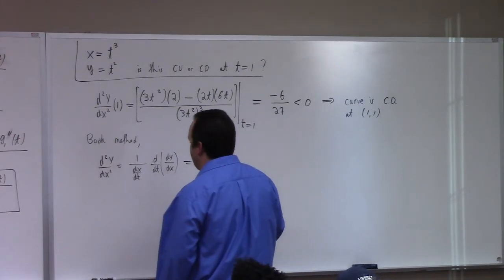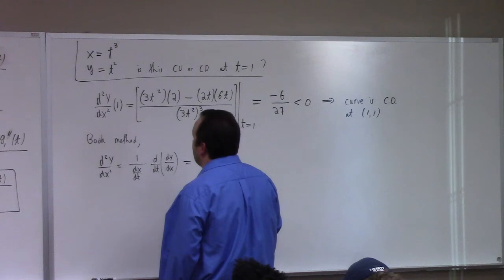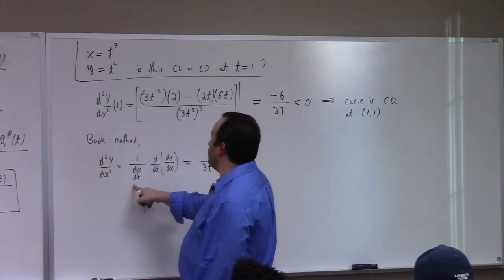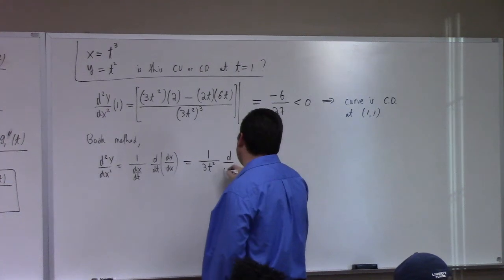This is probably a better way. I haven't thought a lot about these things, so I don't have a firmly grounded opinion as to what's optimal here. That's 3t squared, that's my dx/dt. What's my dy/dx?